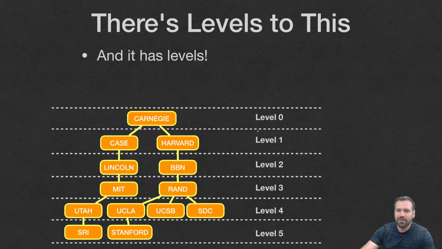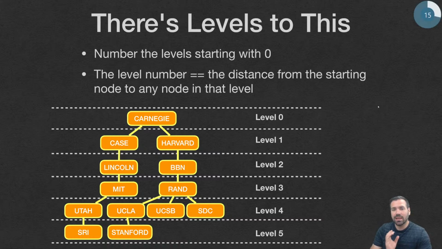So we have 6 different levels in this tree, and if we set up our tree this way, the level number is exactly the distance from the starting node to that node.